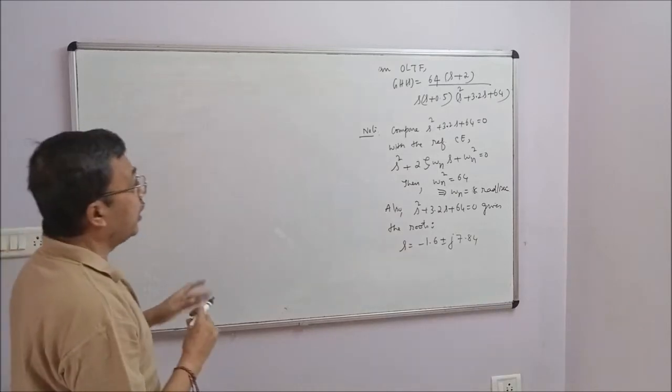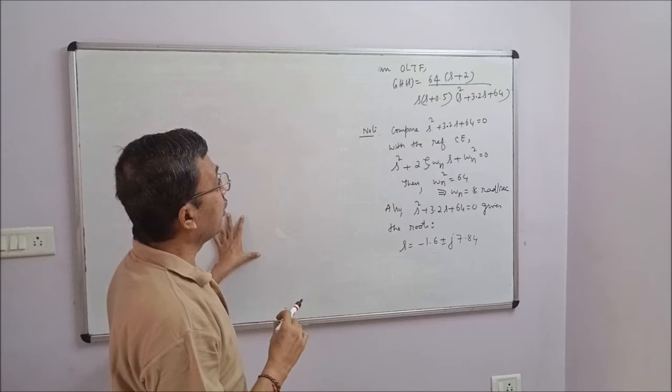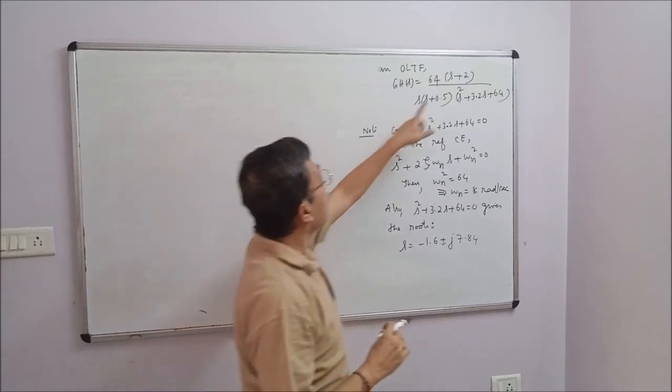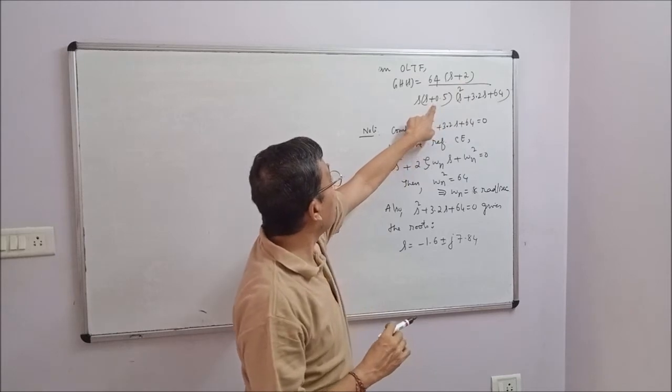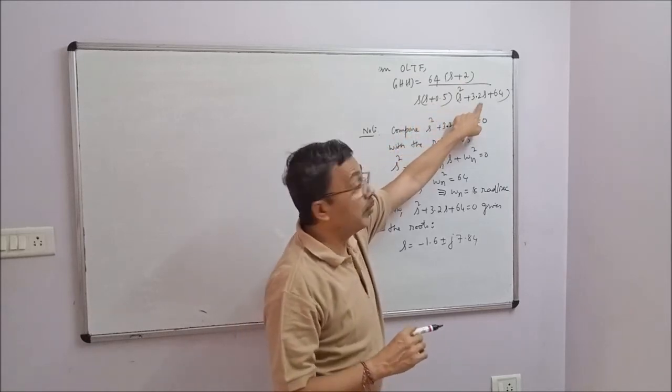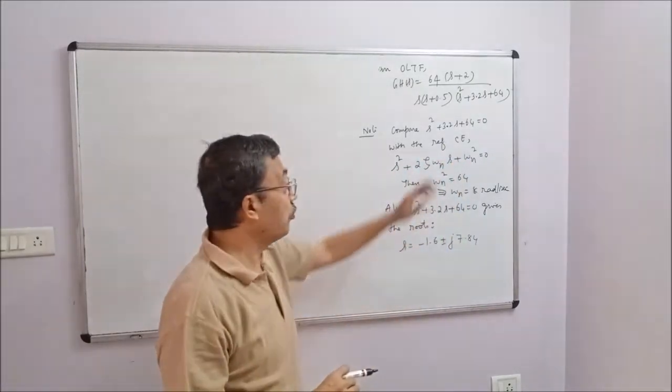Now, before starting the solution for finding the magnitude diagram, please ensure that 2 is taken common in this factor, 0.5 is taken common in this factor, 64 is taken common in the quadratic factor because we want 1 plus something form.